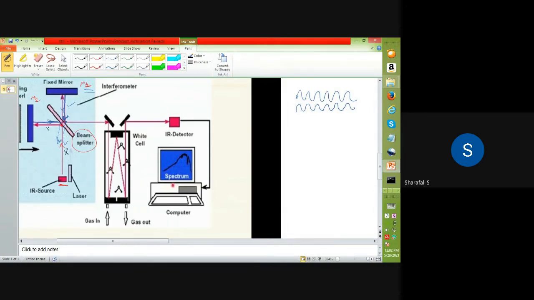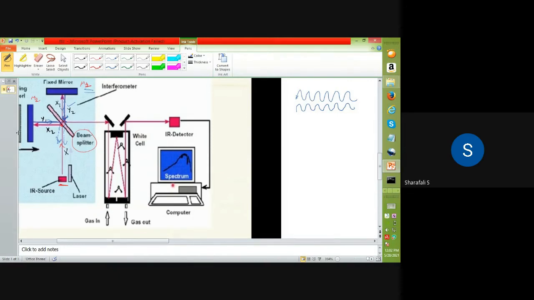So this is X1 that is going towards the mirror M1, and this is, let's say, X2, going towards M2. Those radiations are going towards the mirrors, and let's say this is Y1 which is coming back from the mirror, and this is Y2.